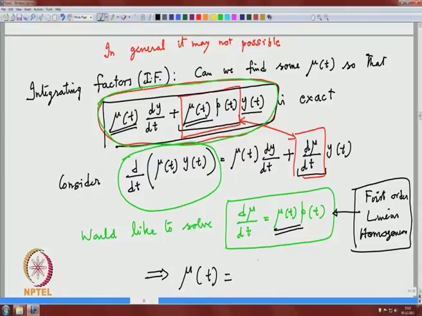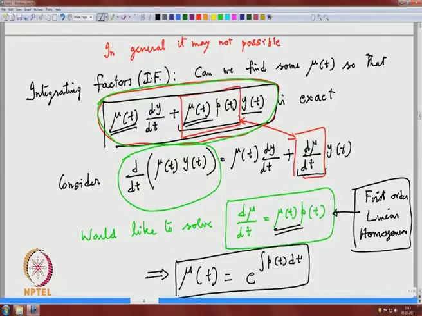So, this is going to be immediately, let me write down, mu t is equal to the integral, this we already know how to solve, integral of pt dt. Okay. You see, so you have an integrating factor by solving the homogeneous equation.